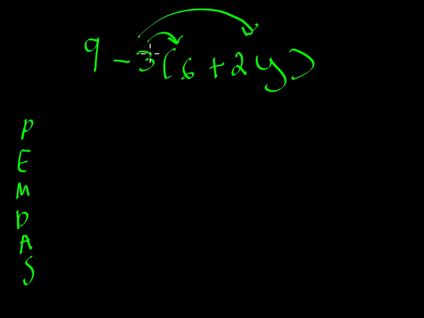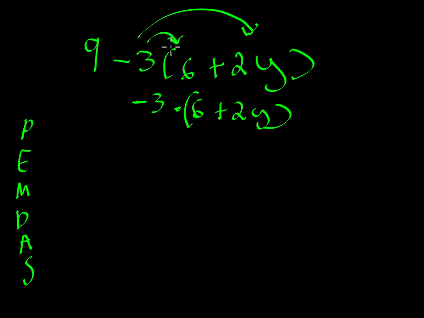So you need to take that out, and to take that out, you apply the distributive property, which is distributing negative 3 to the terms inside the parentheses. It's the same as negative 3 times 6 plus 2y.